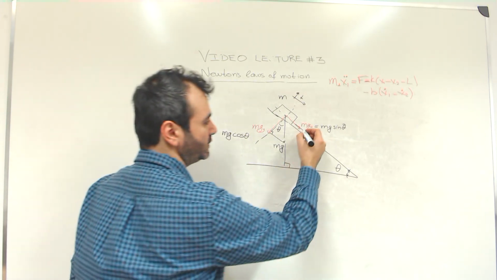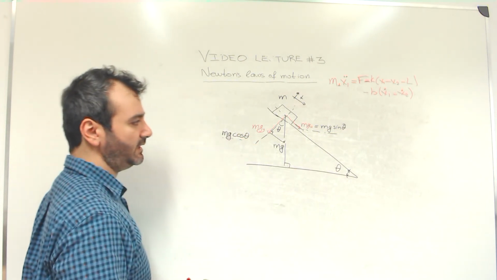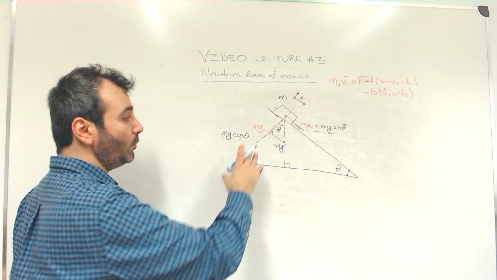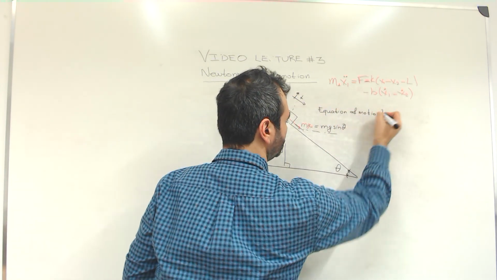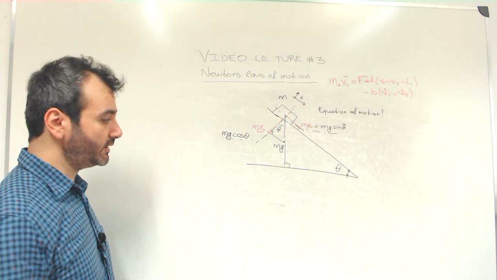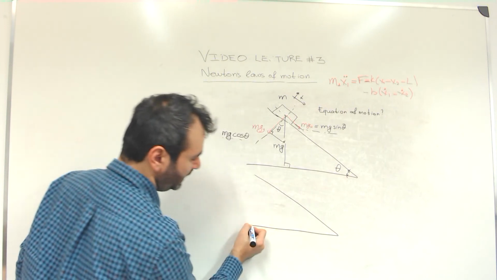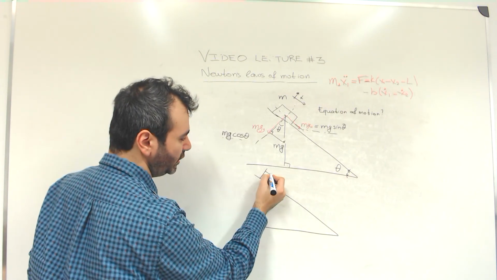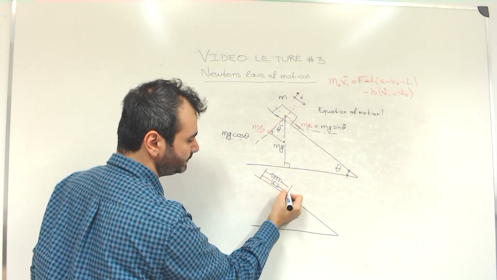You'll figure it out. I'm going to tell you only this much about this exercise. And the question is, what is the equation of motion? What is the equation that governs the motion of this object? And then after we do that, it will not be difficult to solve also this exercise, to add a few more elements.